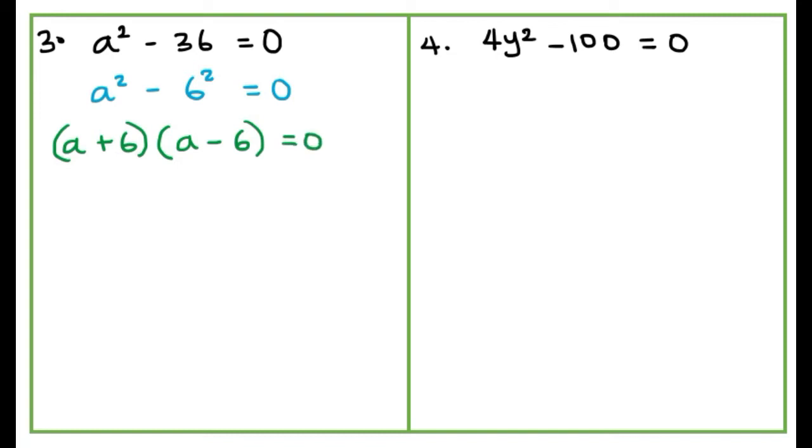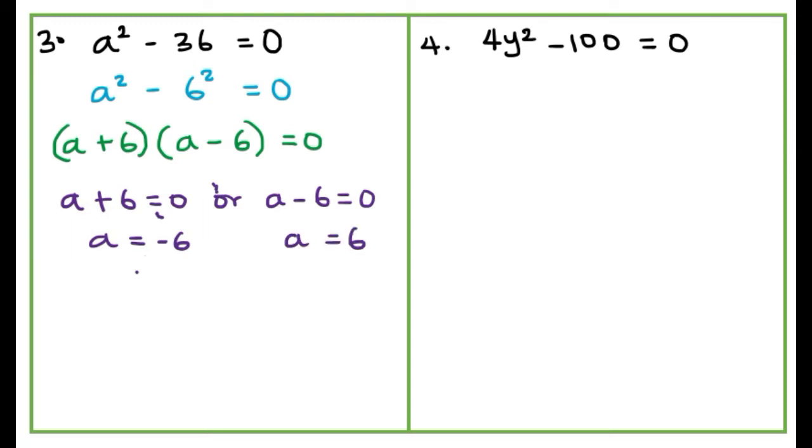Now that we get a plus 6 equals 0, or a minus 6 equals 0. So a equals negative 6, or a equals 6. So finally, a equals negative 6, or a equals 6.